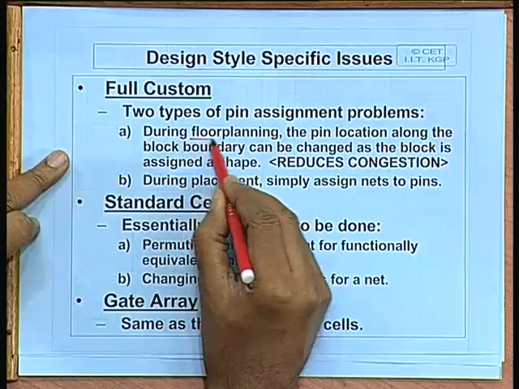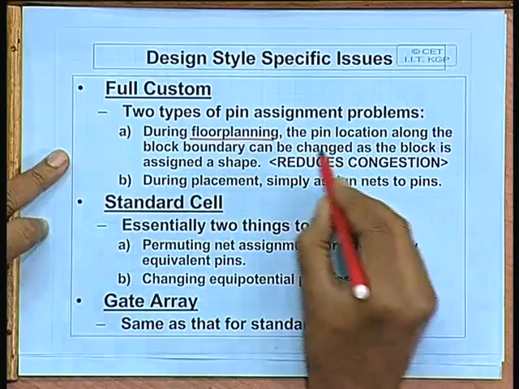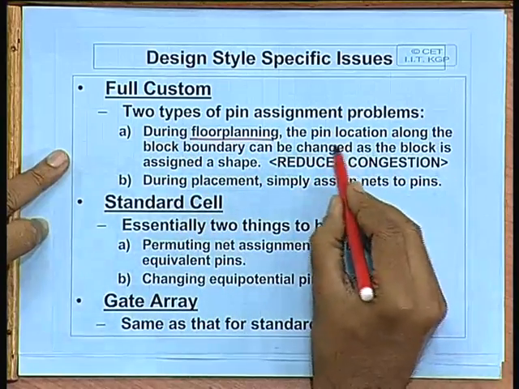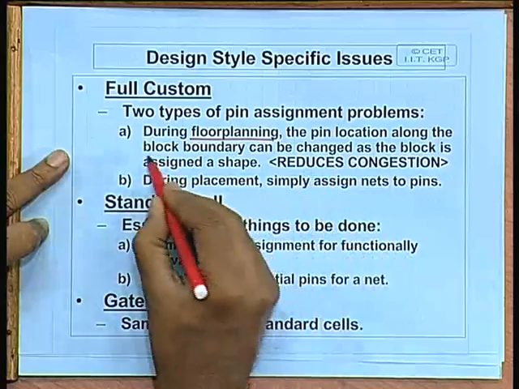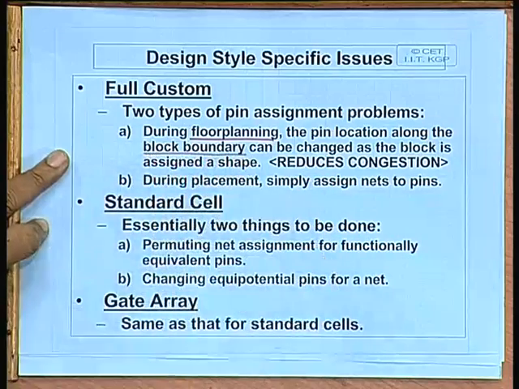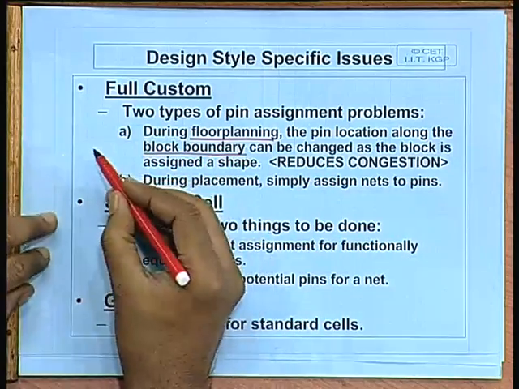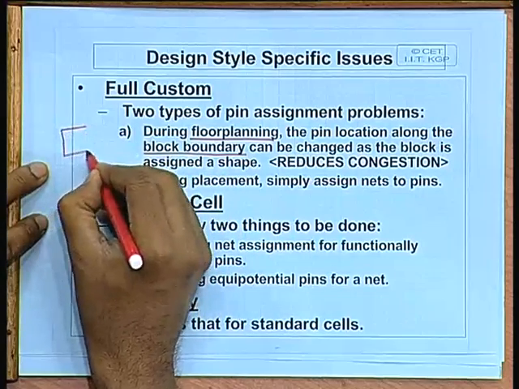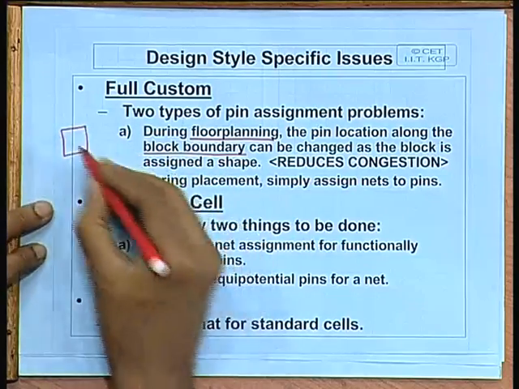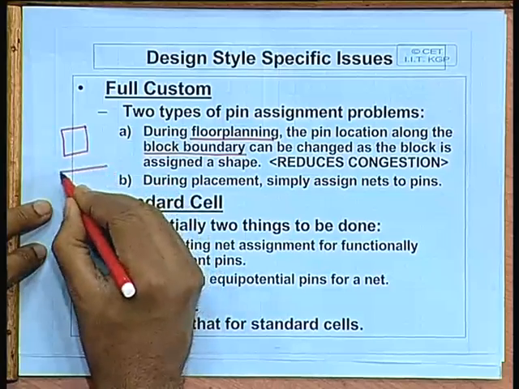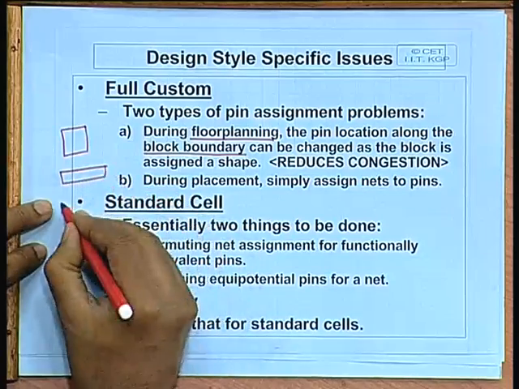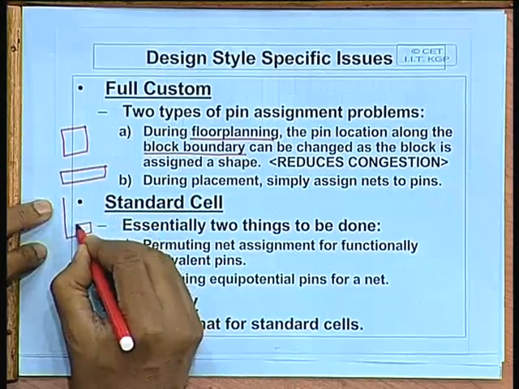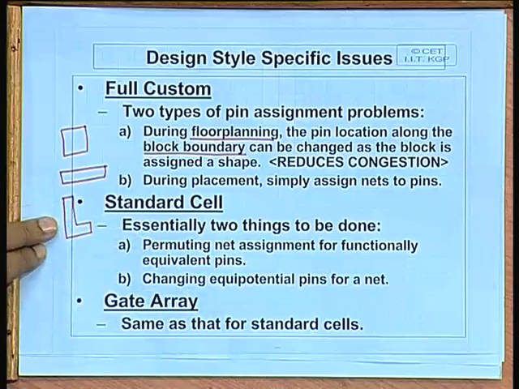Number 1 is that during floor planning you can change the pin location along the block boundary, because the blocks may be flexible. So, the block may finally assume a shape which is a square, or it can be like this, or in some cases it can also be L shaped. In general you can also have blocks like this.